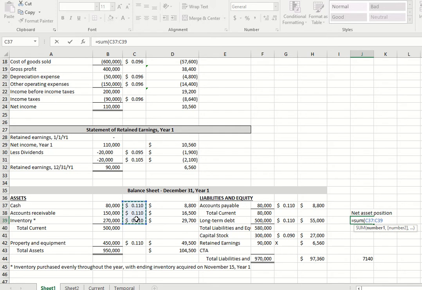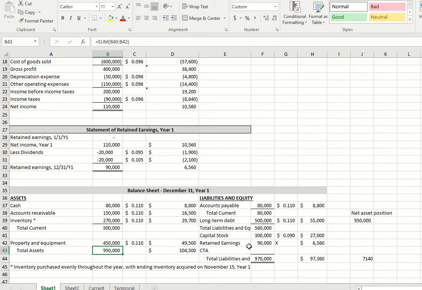It equals this one plus this one plus that one plus this one, to equal my total assets. Now let's see all the liabilities that are exposed to foreign currency fluctuations. This one plus this one.